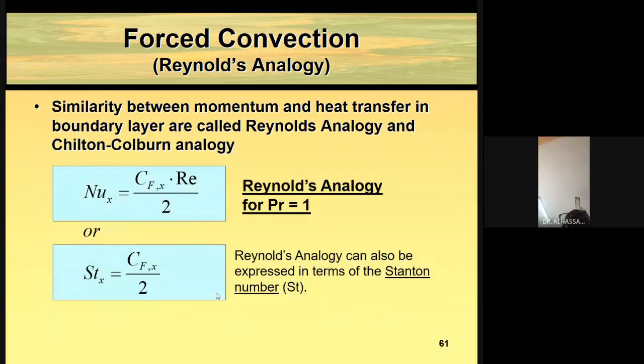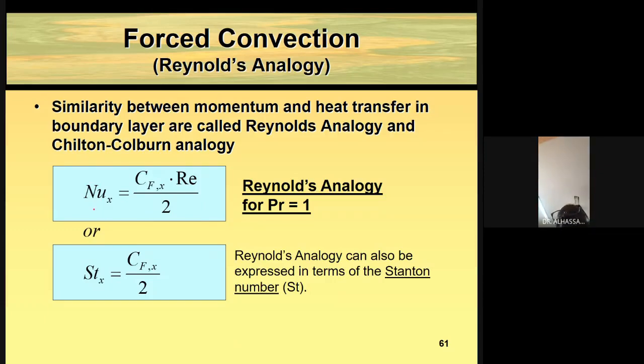So it is this scientist, later Stanton, who came out with the relationship between the two parameters.